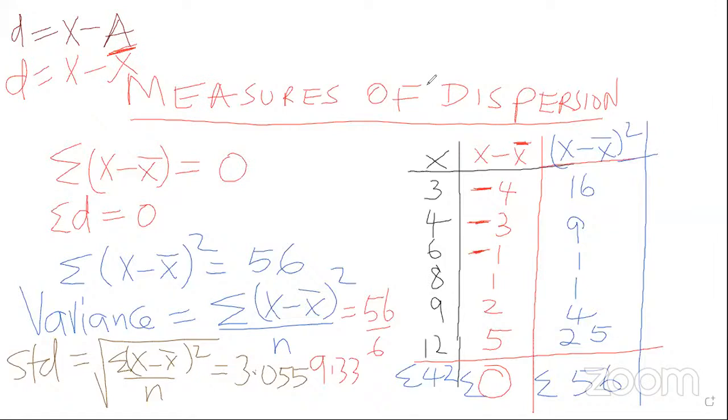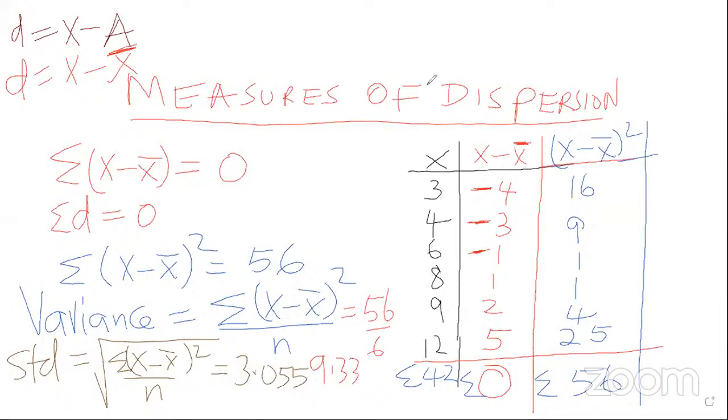So we have three very important measures now in hand. Number one, mean. Number two, variance. Number three, standard deviation. Mean is the average of the x's. Variance is the average of the deviations, but of course they were squared to kill the negative sign.